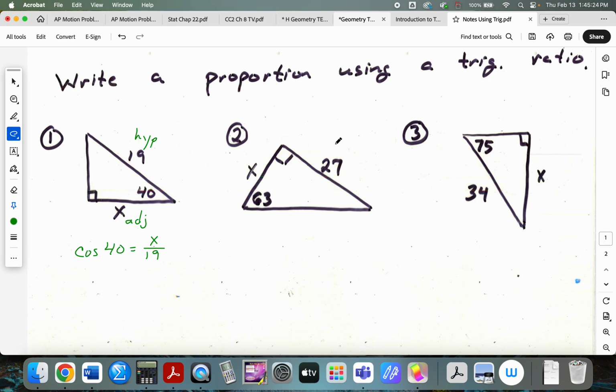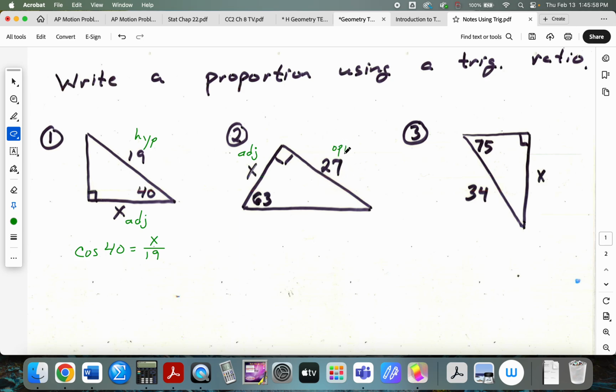All right, for number two, do we have the hypotenuse? Where's the hypotenuse? Yeah, the hypotenuse is down here. Do we know anything about it? No. What side is x relative to the 63-degree angle? It's adjacent. It's right next to it. What side is the 27?